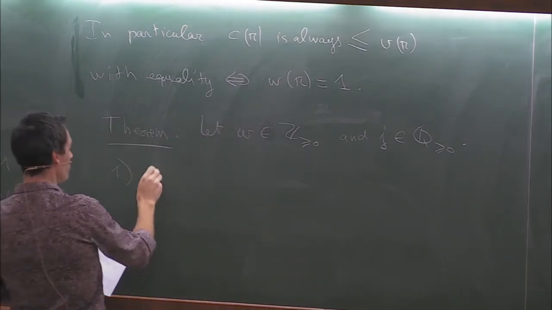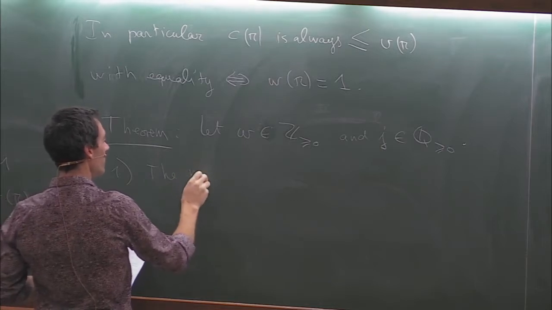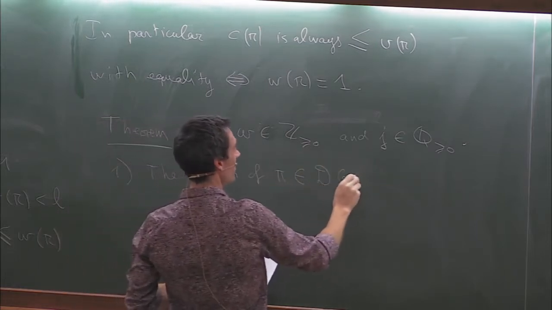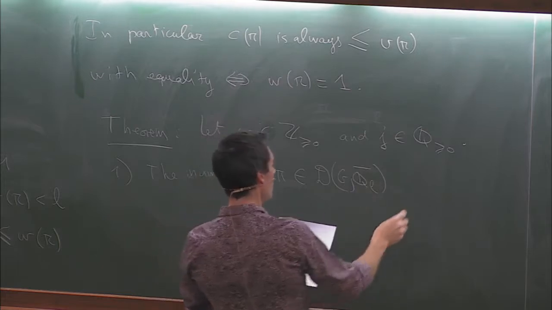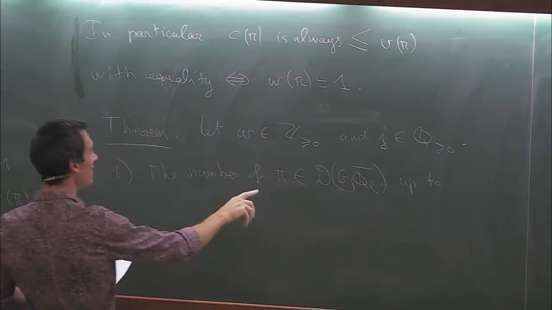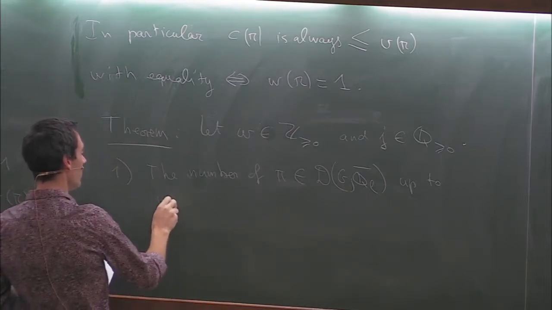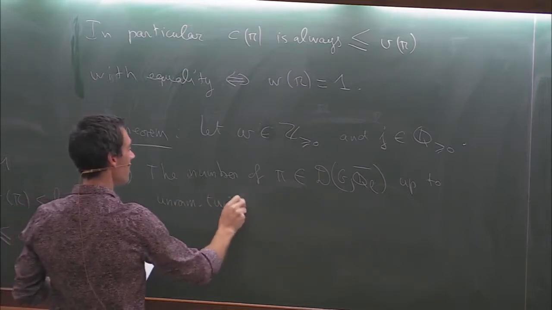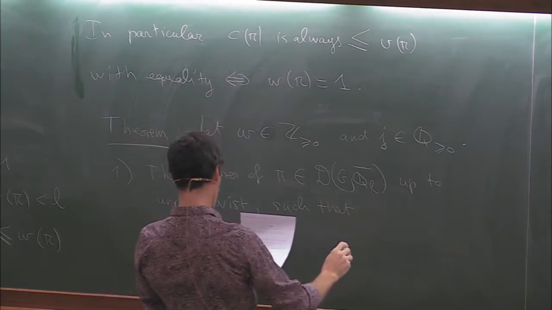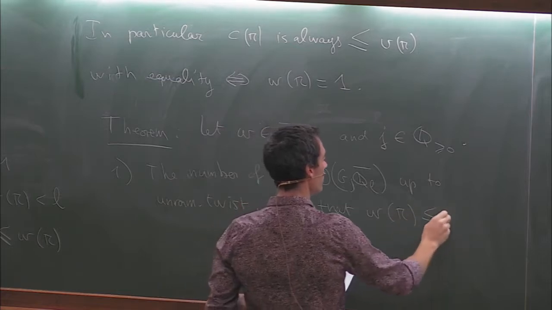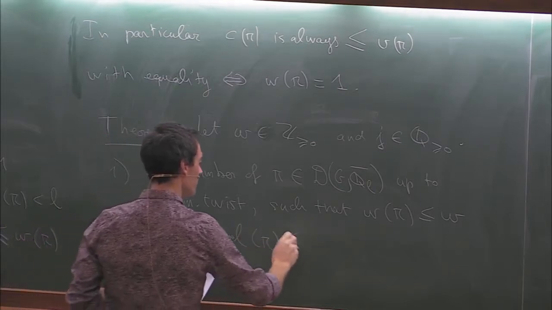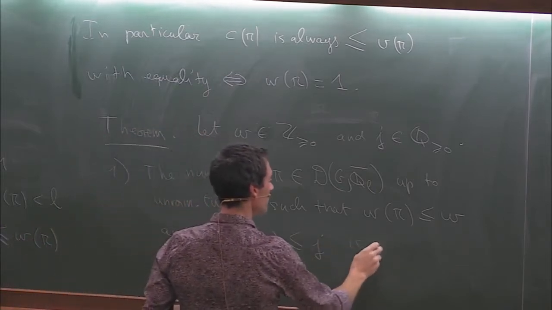First part of the theorem: the number of pi in D G L bar, up to, in order to avoid that this number is infinite, we will count these pi up to an unramified twist, such that W of pi is smaller than or equal to W, and such that the level of pi is smaller than or equal to J, is a finite number.